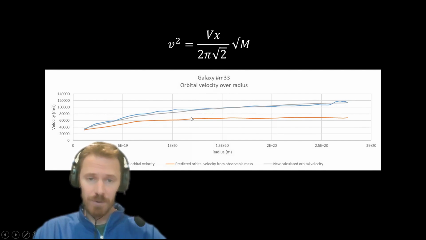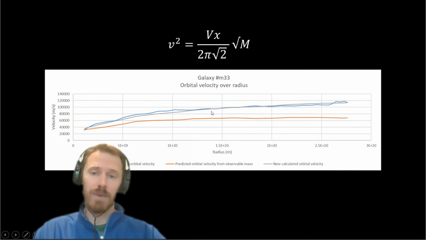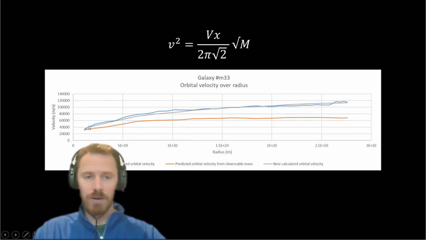And the discrepancy between the blue line and the orange line is accounted for by additional mass in the form of dark matter, which is yet to be discovered. However, our new equation, the grey line, can now predict the orbital velocity of this galaxy better using only the observed mass of that galaxy.